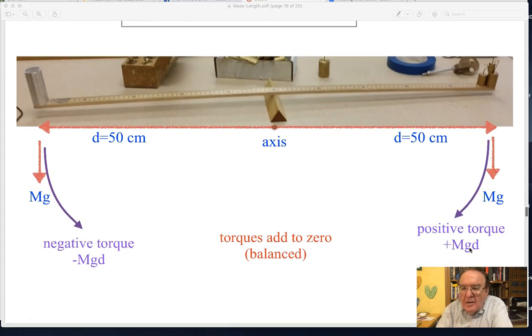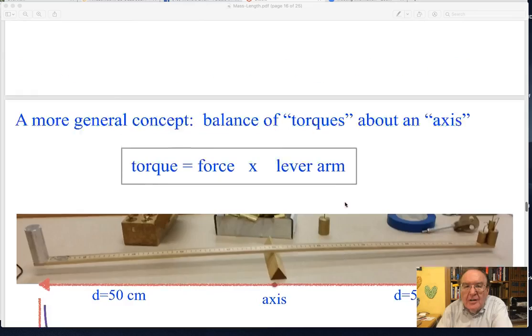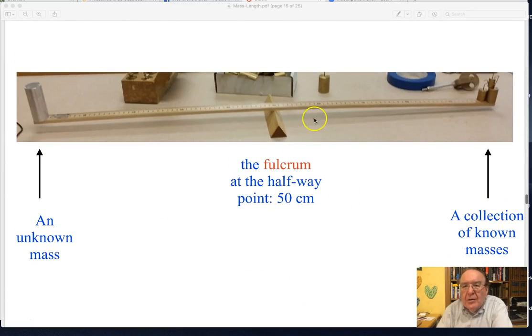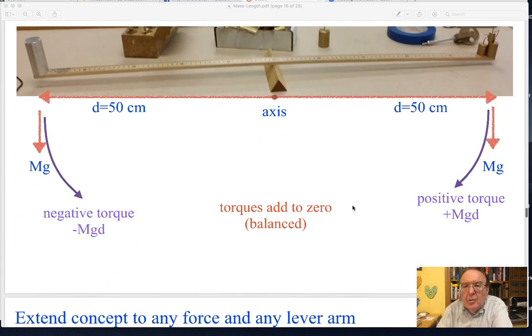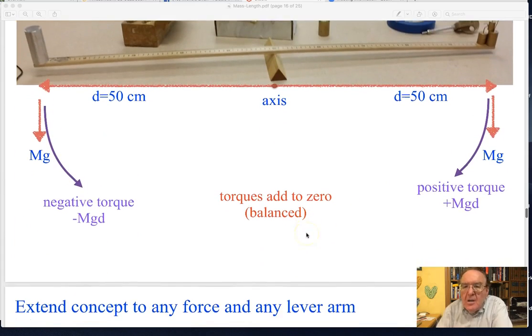And the respective torques: the negative torque on the left is minus mg times d, which is the half length of the meter stick, and the torque on the right is a positive torque because it's turning the meter stick in a clockwise direction, so it's plus mg times d. When these two torques add to 0, then you get a balance, and that's why it works this way. That's why the simple case is where these two torques add to 0.